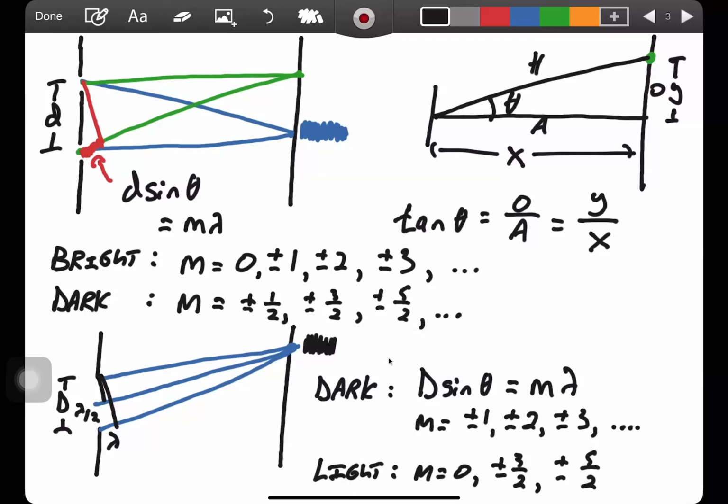That's between the 2 and the 3, and so on. And again, the plus and minus just means whether you're above the central maxima of the screen or below it. And so you start with a primary in the center of the screen, and then you have first order, second order, third order, fourth order, and so on. That's how you think of the different orders of the bright and dark regions.